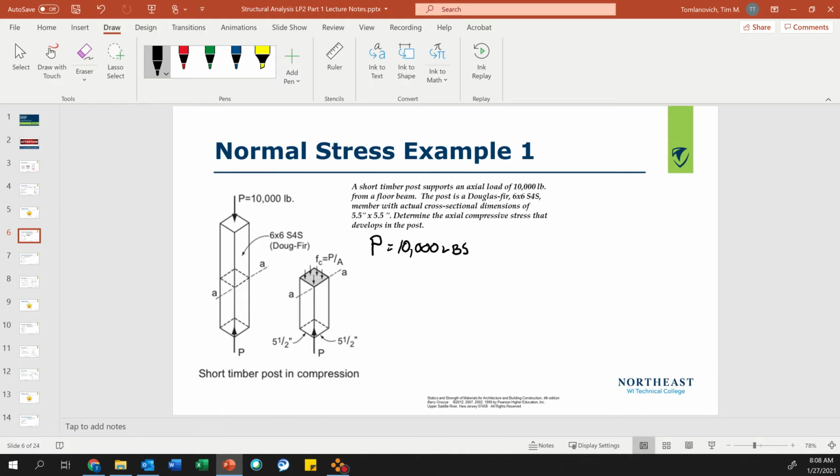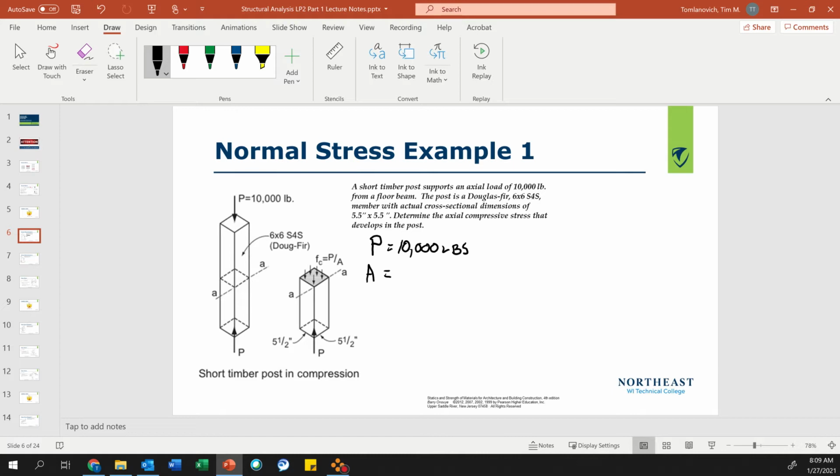P equals 10,000 pounds. The post is a Douglas fir 6x6 S4S, surfaced on all four sides, with an actual cross-sectional dimension of 5.5 inches by 5.5 inches. So that's key to make sure you know the difference. Is it rough sawn or is it surfaced on four sides? Because that makes a difference in your area calculation.